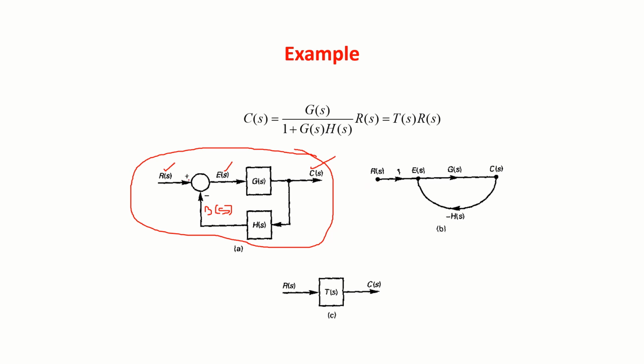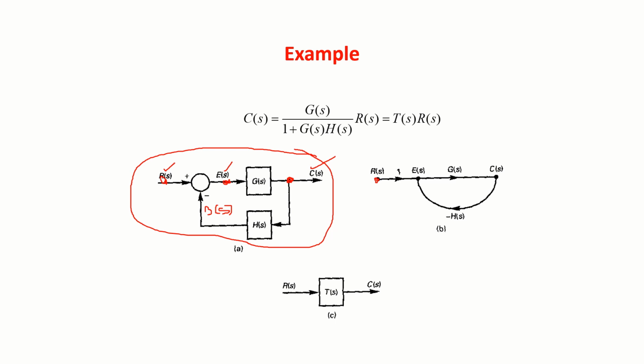So here, R of S is a signal, so a node. Then E of S is a signal, a node. C of S is a signal, a node. Right?